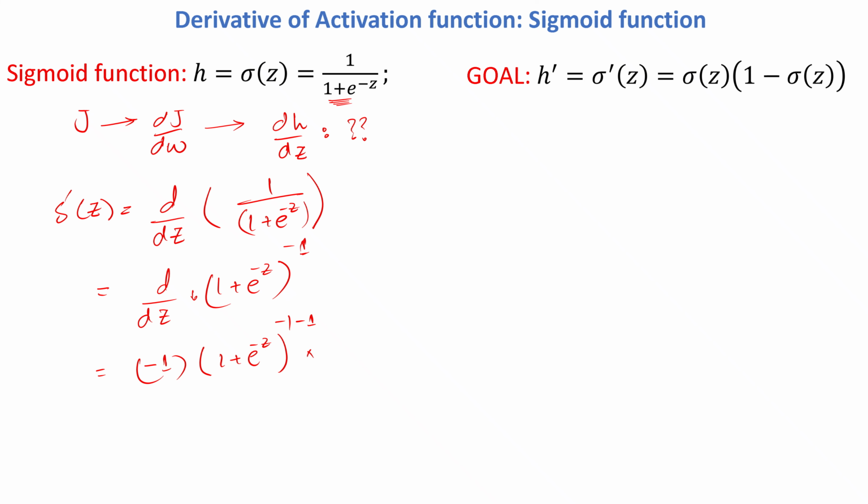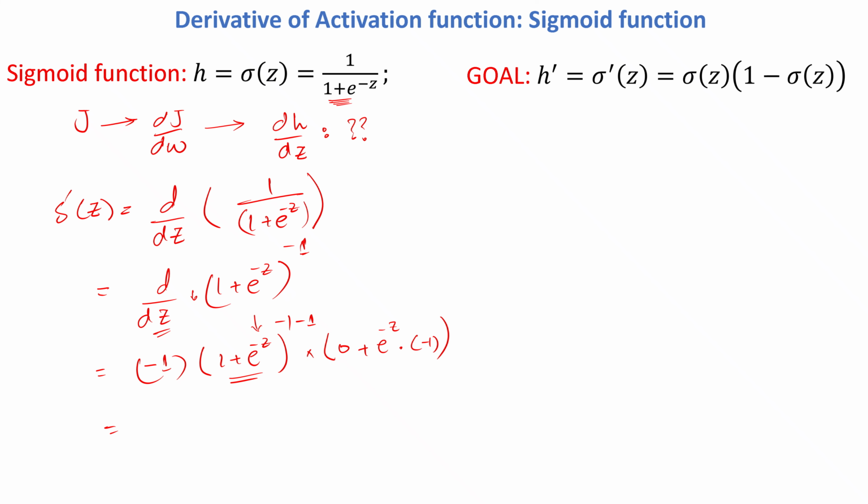After that we will take the derivative of the function inside this. So this will be 0 plus the derivative of the exponential, which stays as it is, multiplied with the derivative of the power. The derivative of the power is minus z, so when we differentiate it with respect to z, this will be minus 1, right?